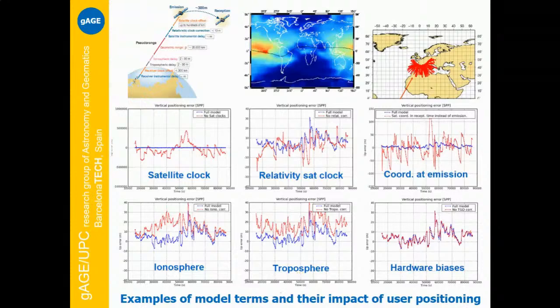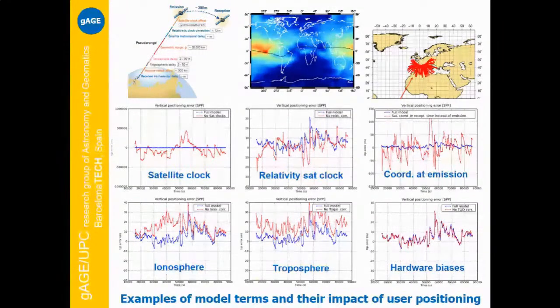Then we have the ionospheric delay, that is very variable. It has a strong dependency on the time, the geographical location, the solar cycle, and so on. We have the tropospheric delay, which comes from the lower layer of the atmosphere, and then we have biases.